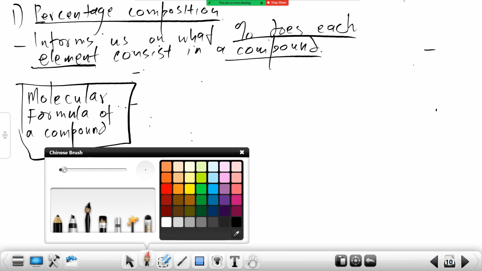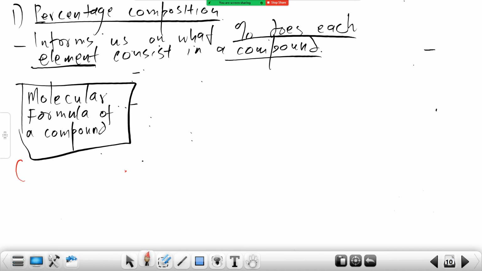So I am going to say the molecular formula will tell us which elements make up the compound. So what is this molecular formula? I will explain as we further move on.